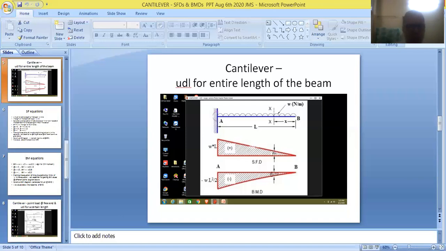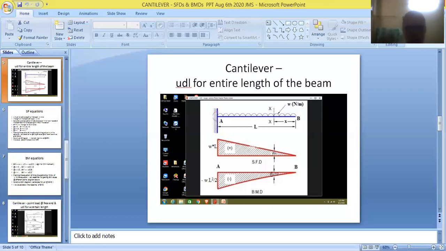Therefore the force value will be equivalent to wx, and this is acting in the downward direction. So the SF equation is written as plus wx. This is the way of writing SF equations. Secondly, coming to the bending moment, the force wx will be acting at the midpoint of this distance, that is x by 2.